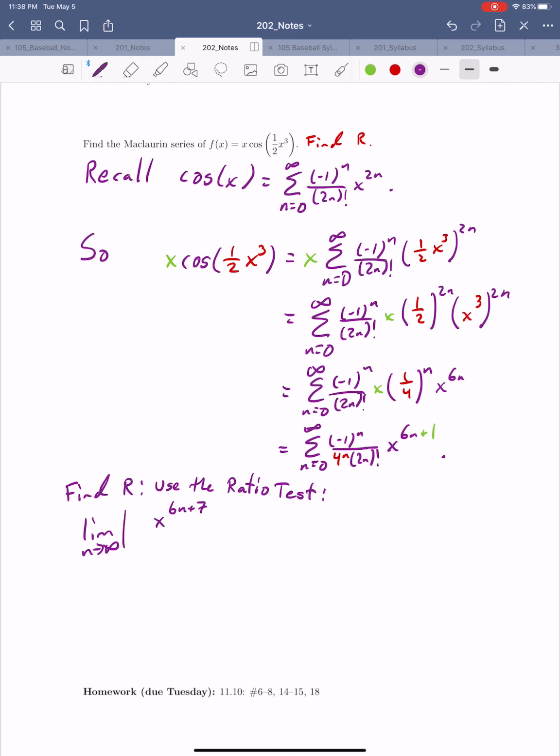Because we're adding 1 to n. This is all going to be over 4^(n+1) times (2n+2)!. And remember, times the reciprocal of the nth term. We're dividing by the nth term. The n plus first term divided by the nth term.